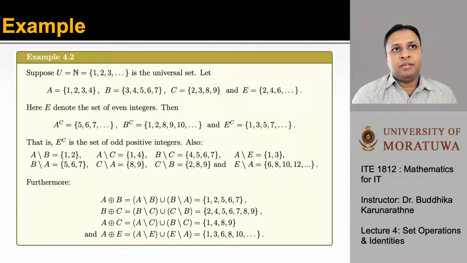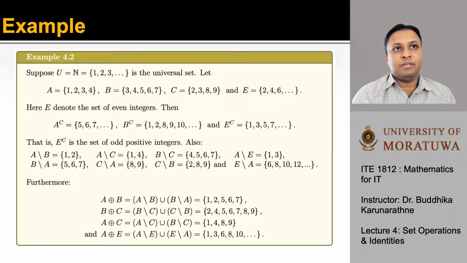Then let's look at the complement of A, because we have defined the set A, which has a finite number of elements, 4 elements. Once you take the complement of A, you get everything except the elements of A within the universal set.